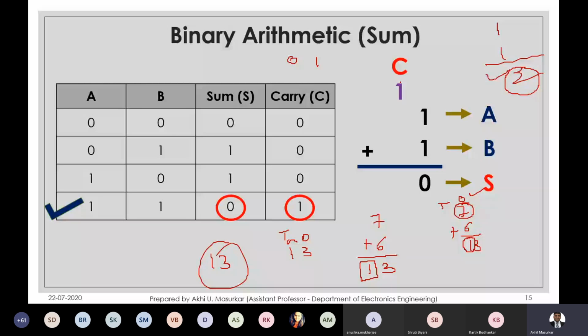Now if you see 1, 0 in binary, what is it in decimal? It is 2 only, right? 1, 0 in binary is 2. So actually in the addition you got 2, but when you had to write it, you wrote 0. That is why the sum comes to be 0 and the carry comes out to be 1. So Anushka, does that answer your question?